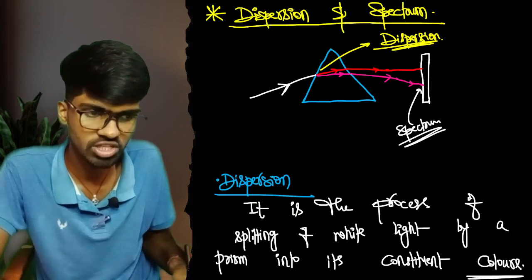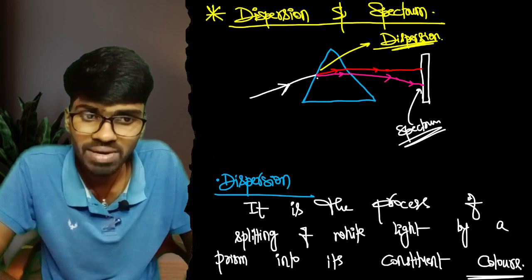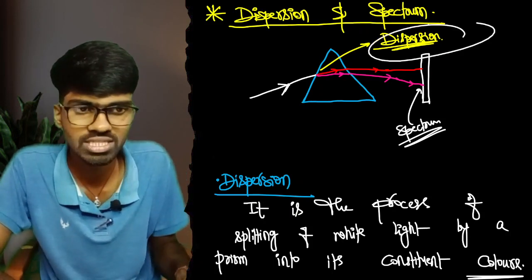So this is the definition of dispersion. It means white light splits into its constituent colors. So this is dispersion. And let's write about spectrum.